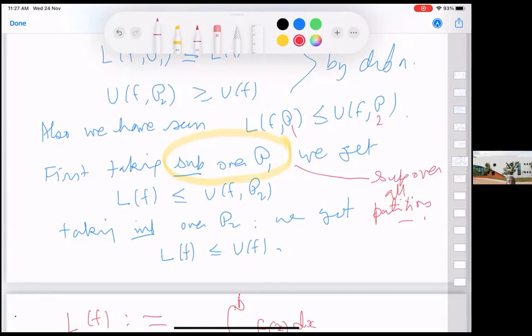And the lower bound and upper bound are first taken via finite partitions. So LF and UF are defined without any reference to each other. And yet we want to show that LF is always less than or equal to UF. And that is the endeavor here, that we are able to connect LFP1 and UFP2 where P1 and P2 are unrelated, and that we achieve by taking a common partition, which is a refinement of each of them.